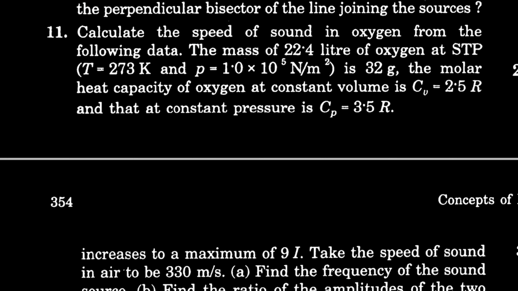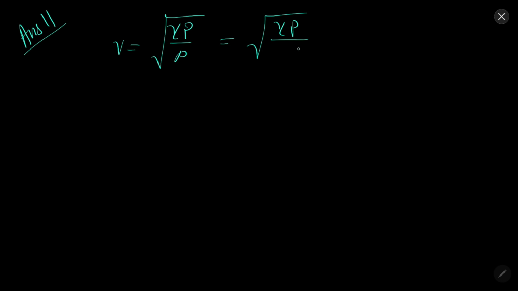In question 11, we need to calculate the speed of sound in oxygen from the following data. Solution 11. So first of all, the velocity can be obtained by this formula: v = root of gamma p over density, which can be gamma p times mass over volume.